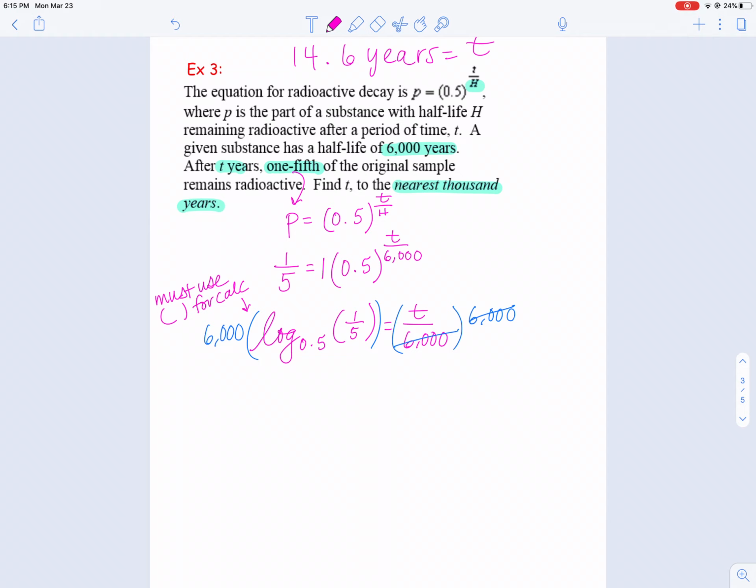You should get, I think it's like 13,931.5685, something like that. That's your value of T. And again, thousand, not thousandth. So you're rounding this to the nearest thousand. Is it 13,000 or 14,000? Clearly, this is 14,000 years.